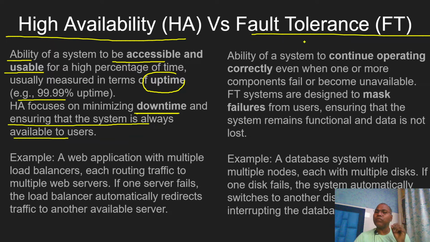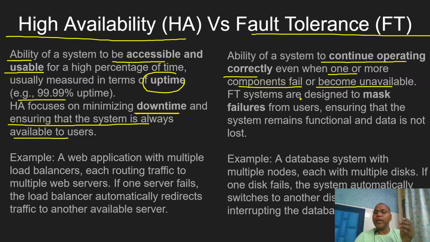But compared to that, in fault tolerance the objective is that the system continues operating correctly when one or more components fail or become unavailable. So here the objective is drastically different. If multiple components are redundant and a failure happens, how does our system still continue working?